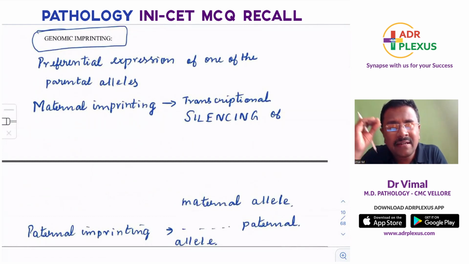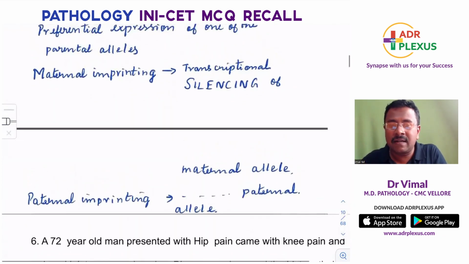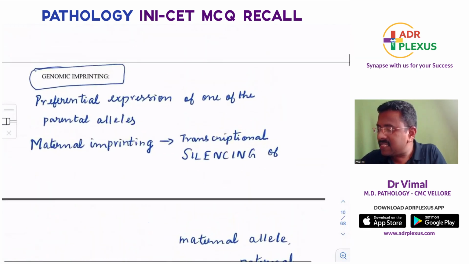That means only one parental allele will be expressed and the other parental allele will be silenced. The process of silencing is imprinting. So imprinting is nothing but the process of silencing. Maternal imprinting means there will be transcriptional silencing of the maternal allele, and in paternal imprinting, the paternal allele will be silenced.